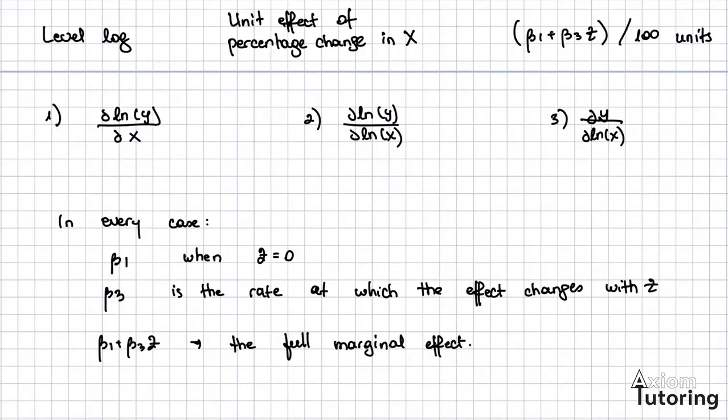This is exactly the same structure as the linear interaction model case as well. Log models just add percentage interpretation, but the interaction logic is identical.